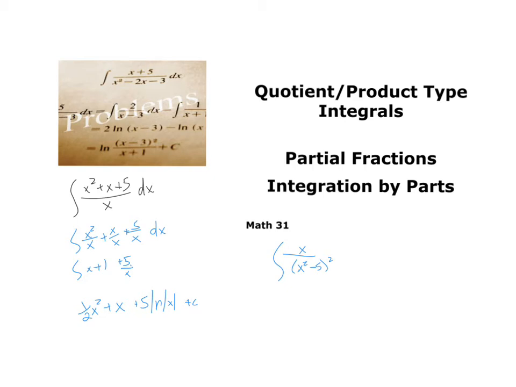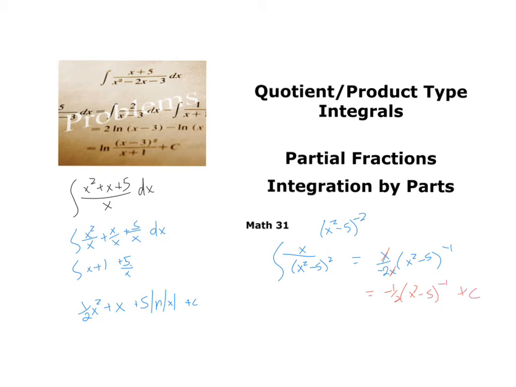So this one, we looked at it as almost like a quotient chain combo, but really we only had to worry about it as a chain rule because that bottom term, think of it as being like x squared minus 5 to the negative 2. If we raise the power, divide by the new power, but then we'd also have to divide by the derivative of the inside, which in this case is 2x. So in this case, we didn't have to worry about it as a product or quotient because those x's canceled out. So we just get negative 1/2 times our brackets.